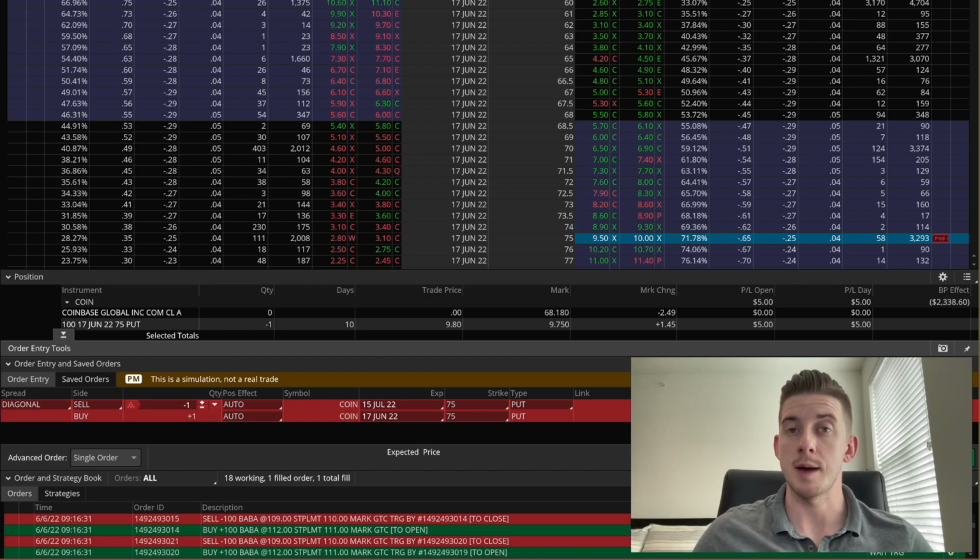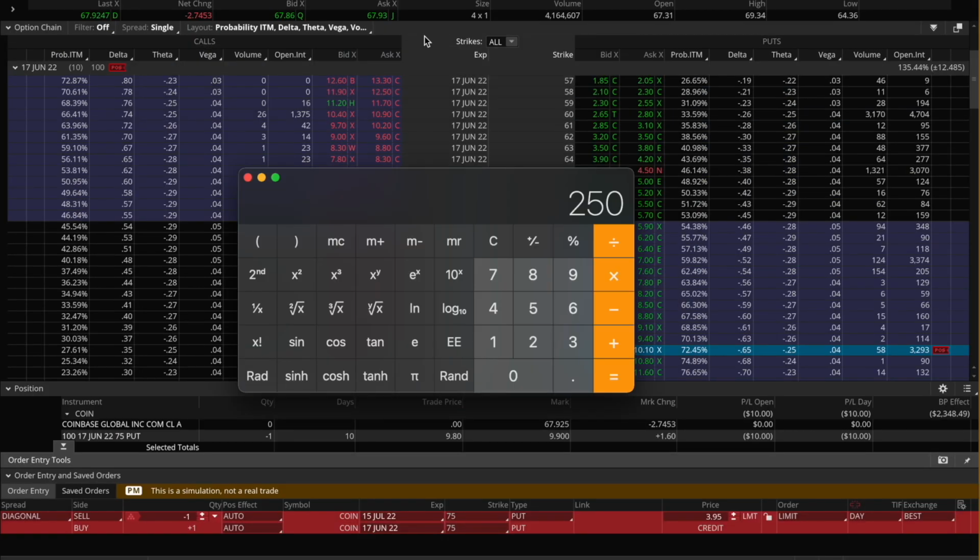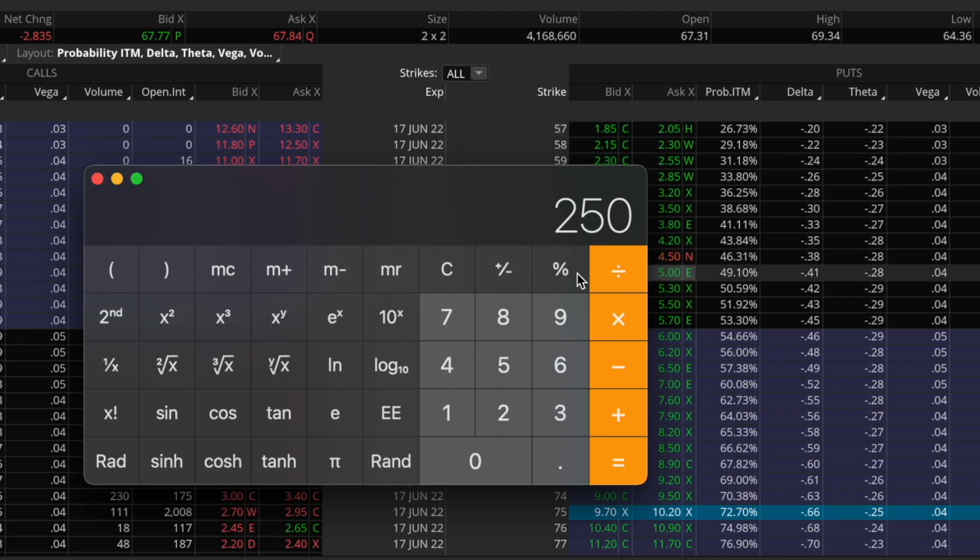And that's the reason why I must now change my profit target a bit to reflect this new total credit. Because if my initial closing order was to buy back my June put for a debit of $250, and I were to use the exact same kind of order on my July put now, the profits I would be shooting for would be wildly different. So for example, if I bring back the calculator real quick, this was my initial profit target of trying to make $250 on my June put.